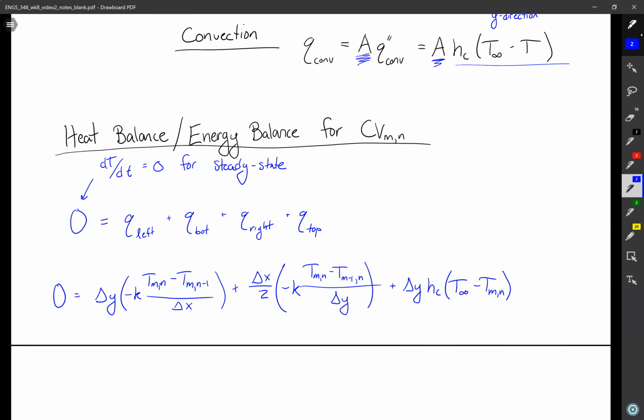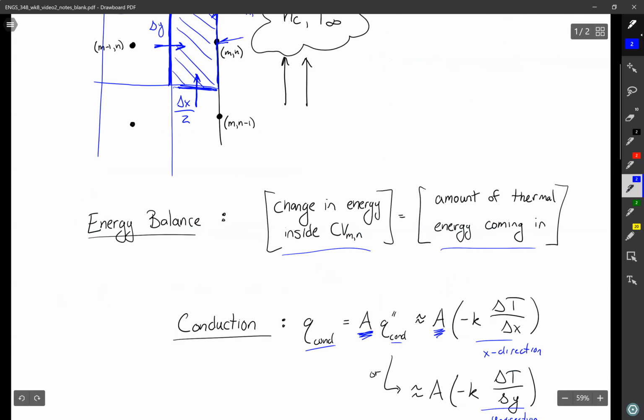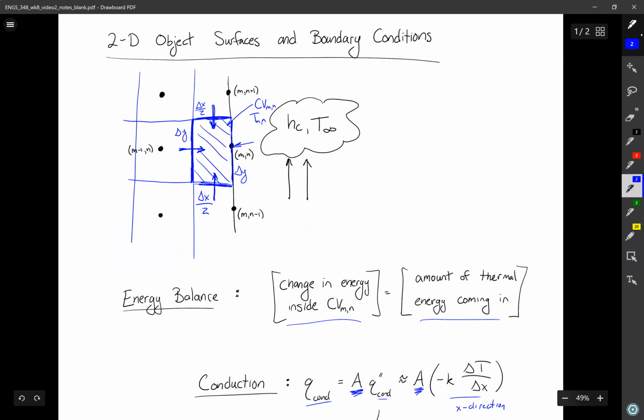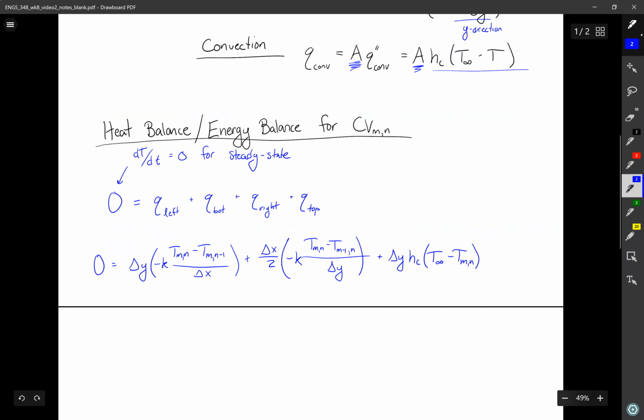Then the last term is what's happening at the top. So it's this top surface here, where again, heat is going in by conduction, but it's happening along a half width, delta X over 2. So this side is delta Y, this side is delta X over 2, because that side's half as big.